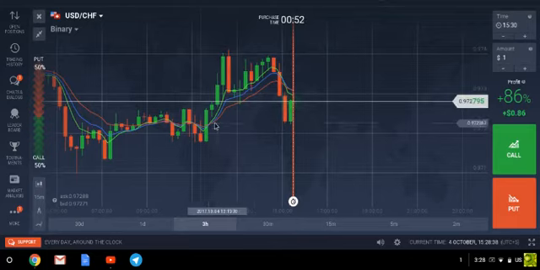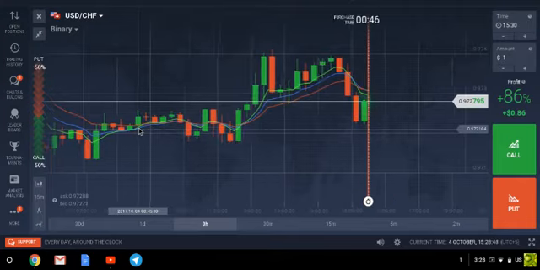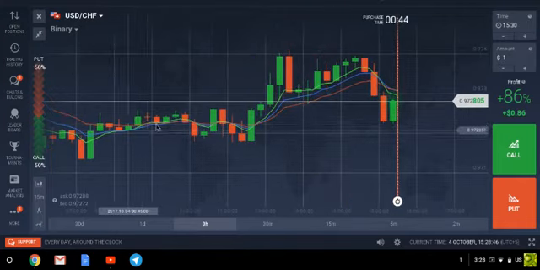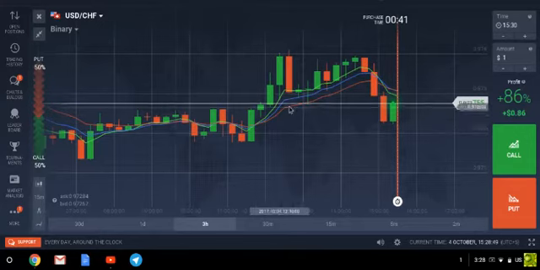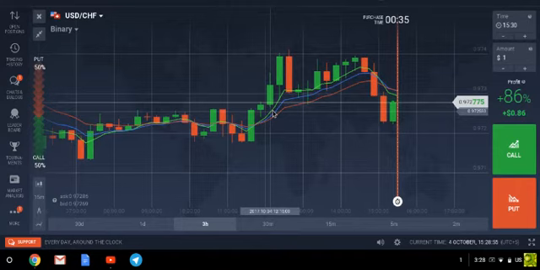I'll show you some where you don't have to trade. You see this market, you can't clearly see which moving average is above and which is below. So you will not have to trade on this market. Which market do you have to trade? You can trade when there is a gap between the moving averages.